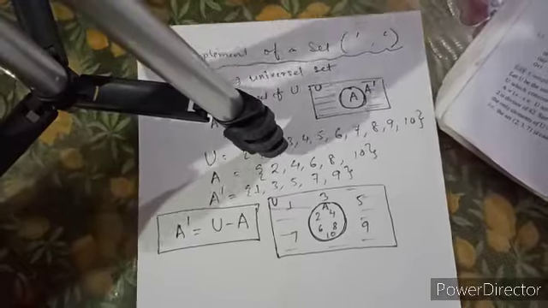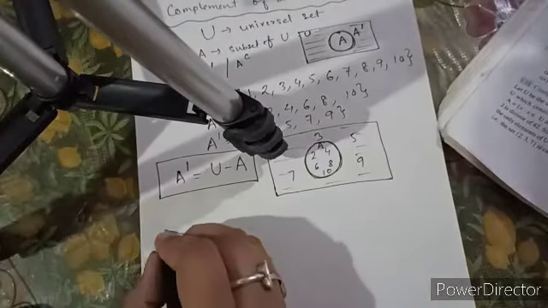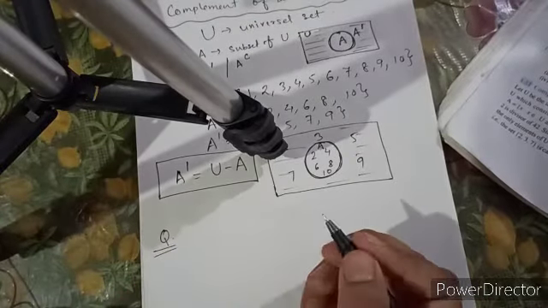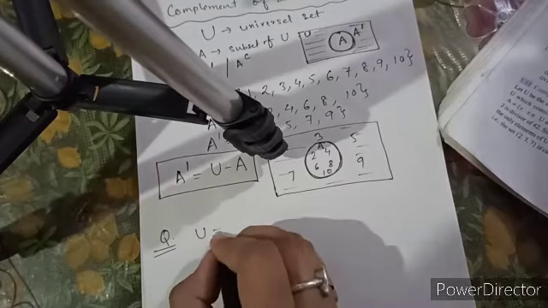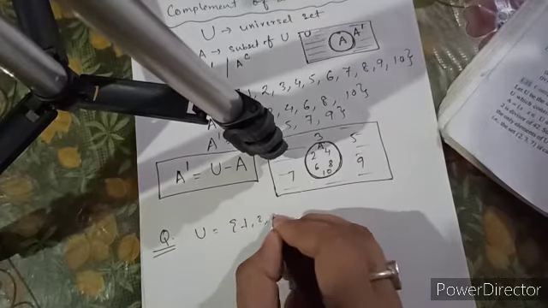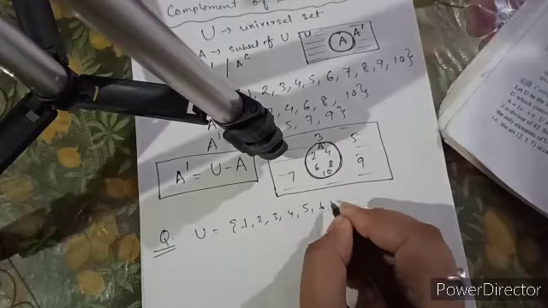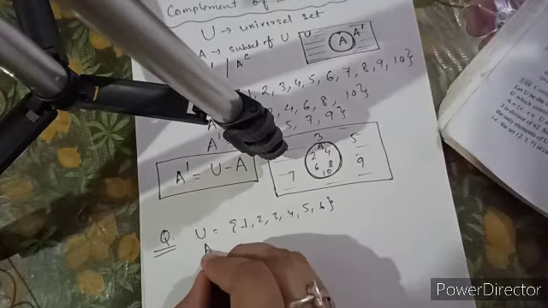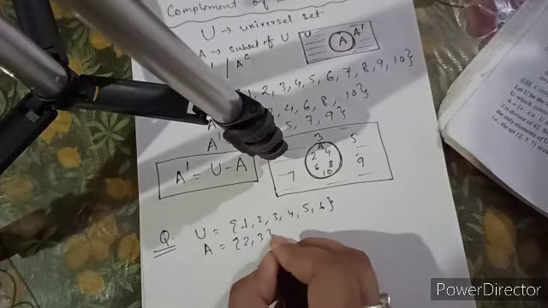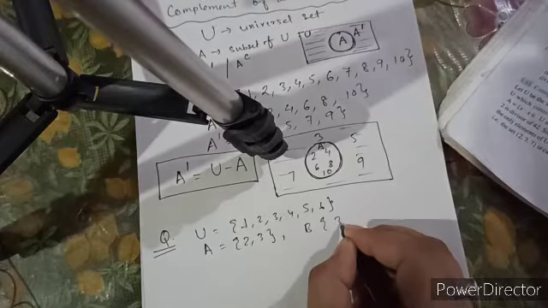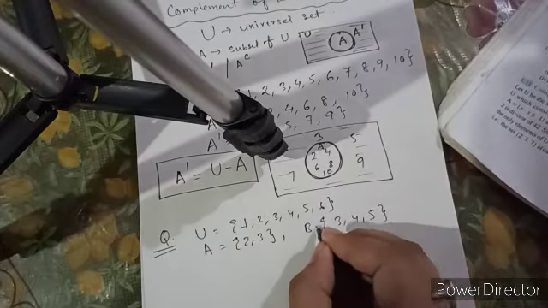So this is about a single set. Let me take another question. If you have two sets together, suppose universal set U has 1 2 3 4 5 and 6, A is defined as 2 and 3, and set B has 3 4 and 5.